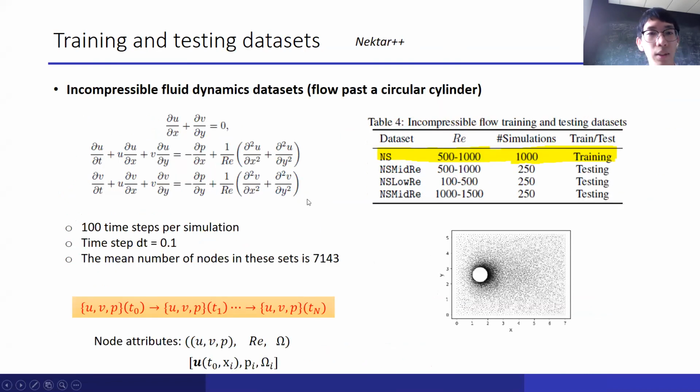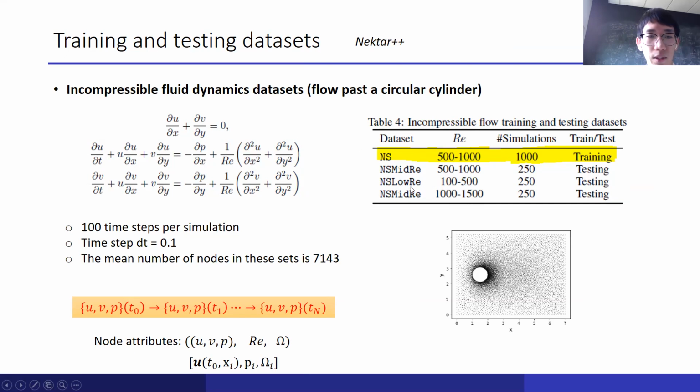Another problem is the incompressible fluid dynamics problem. In this case, they consider the Navier-Stokes equation for the flow past a circular cylinder, and they generate the data for different Reynolds numbers. For training, they generate the data at Reynolds numbers from 500 to 1000. For testing, they generate 3 different data sets for different ranges of Reynolds number.